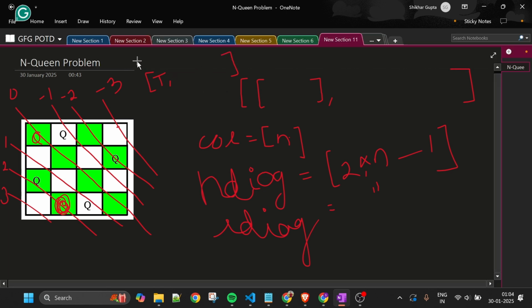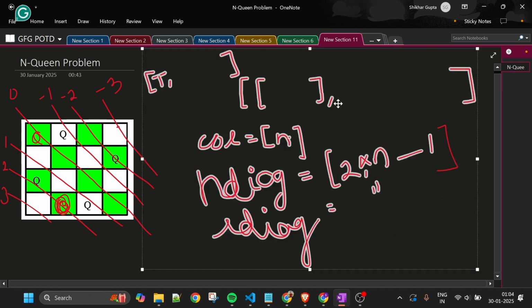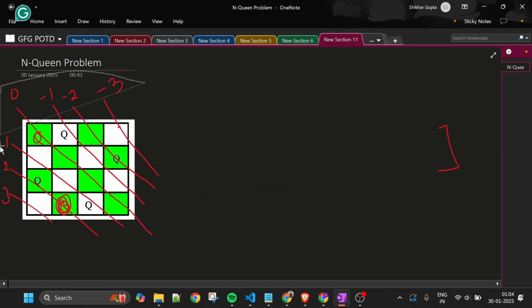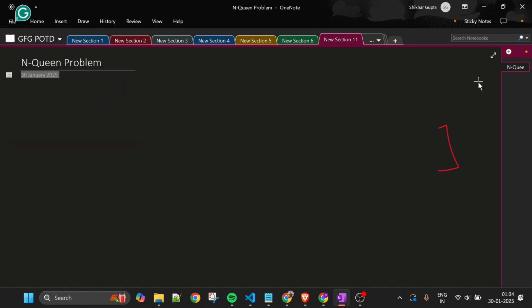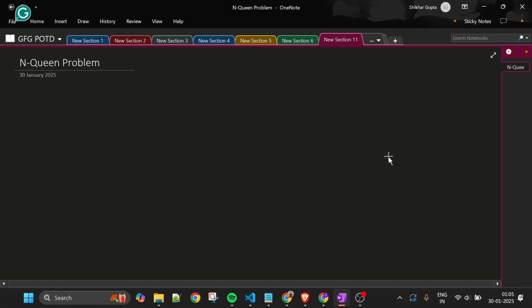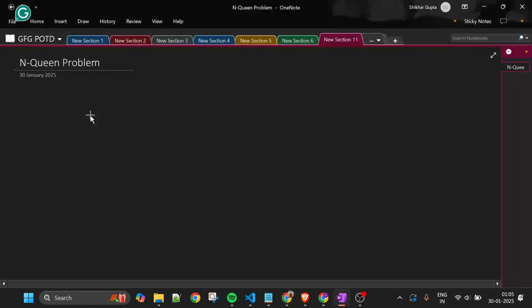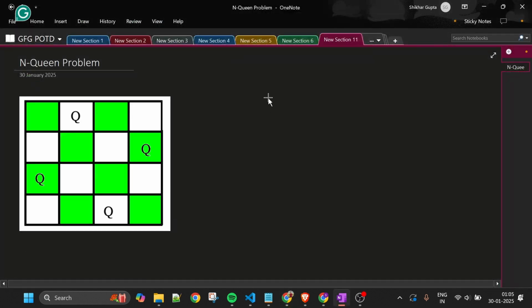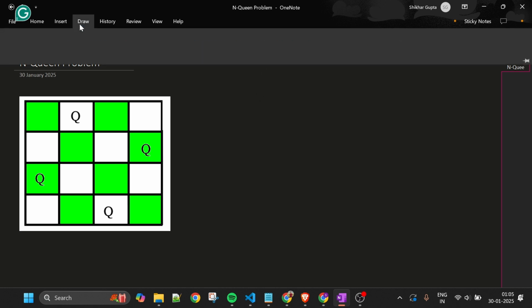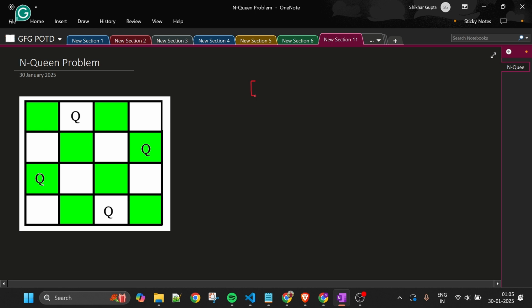Let me quickly explain this once again. Let's delete all these things and we'll copy this again, something like this. So what I will do, I have columns. 4 columns are there, 0, 1, 2, 3. These are the columns.